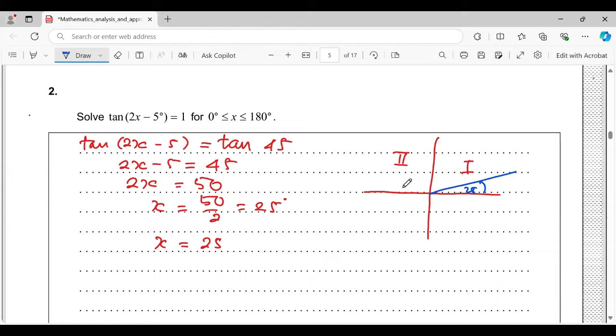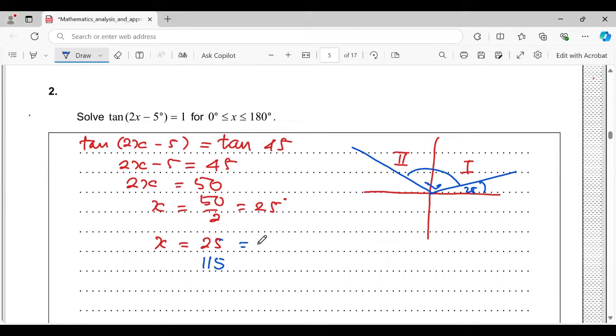And then after that, this is 90 degrees. So it is 25 plus 90. So x equals 25, and then 25 plus 90, 115. Okay, so x equals 25 and 115.